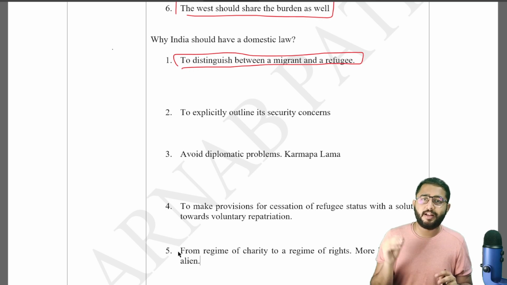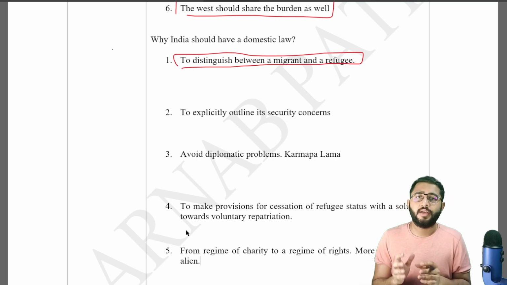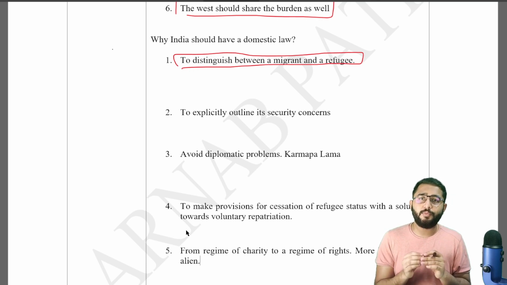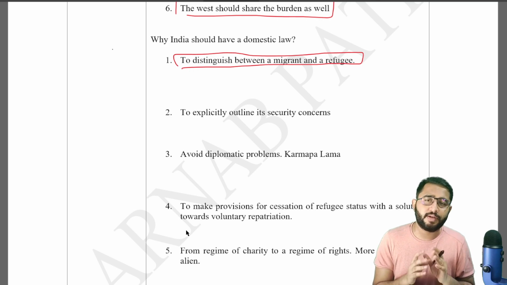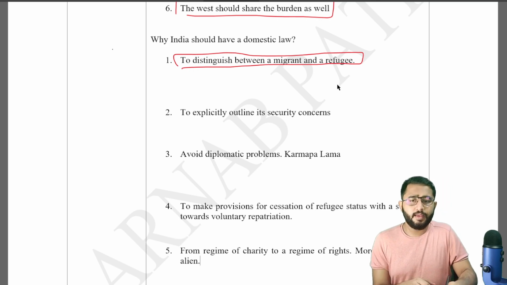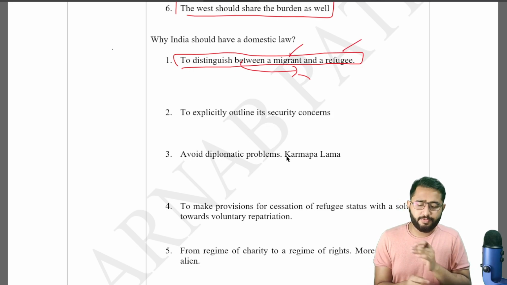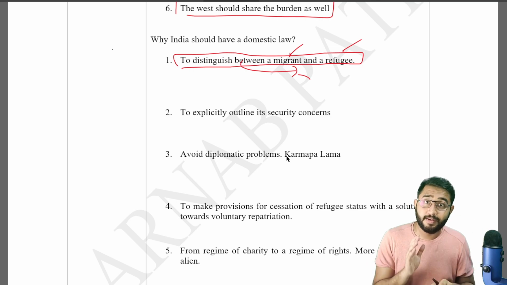You would see that there are organizations like the Organization of African Unity and the Organization of American States which have their own regional refugee conventions. Similarly, if India has a refugee law, India will be able to make particular distinctions between who is going to be a migrant and who is going to be a refugee. At that point, no one will be able to point a finger at India, right? So having a particular law to make a distinction between a migrant and a refugee will help them, and none of these international communities will be able to point a finger, right?